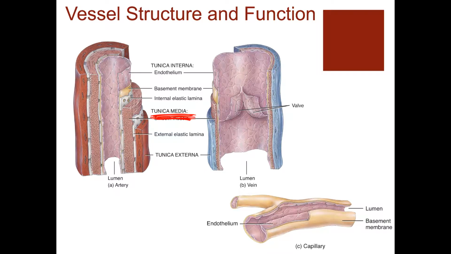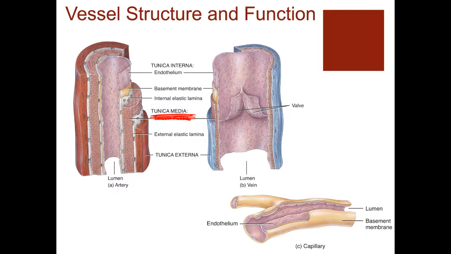The tunica media is principally comprised of smooth muscle. This represents a very important regulatory structure found in blood vessels. Smooth muscle has the capability of obviously constricting and relaxing to help adjust the overall blood vessel diameter as well as the blood pressure that's running through that blood vessel.